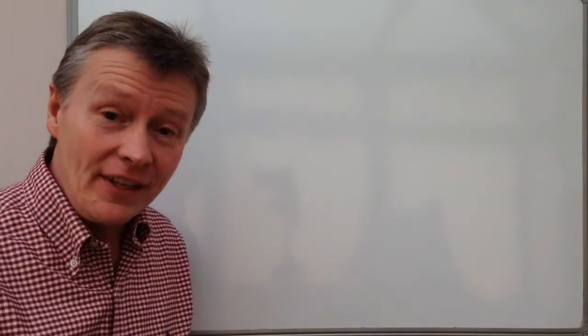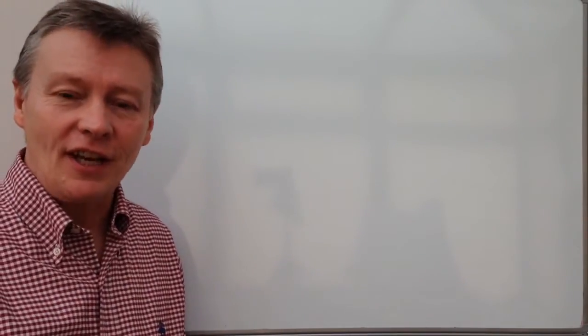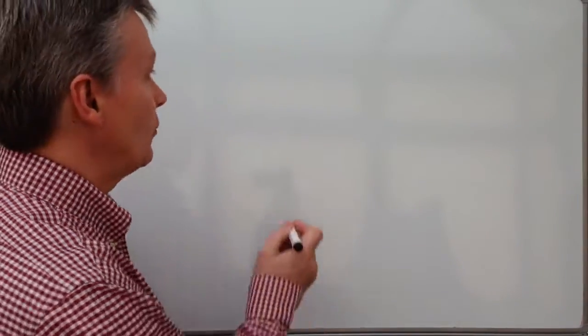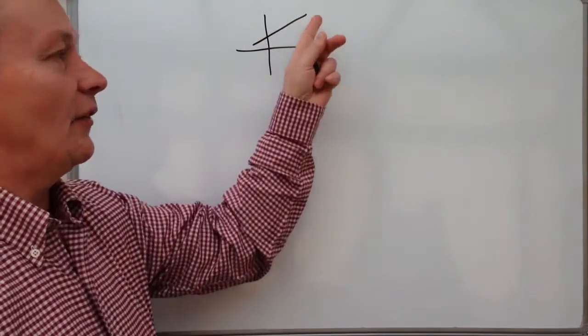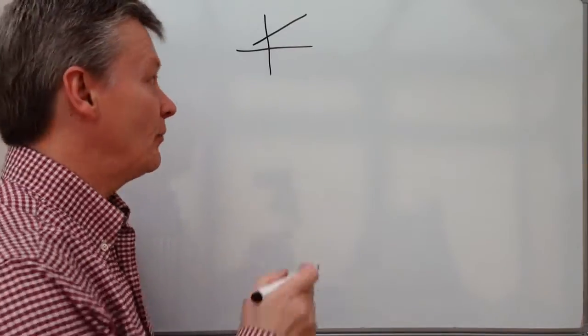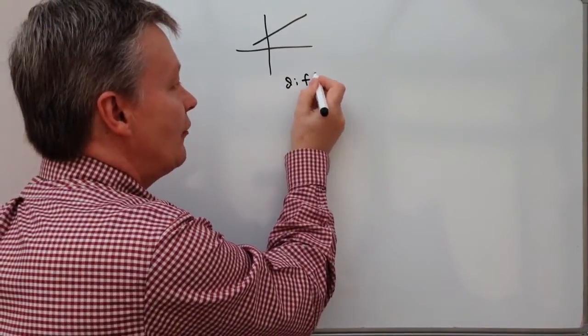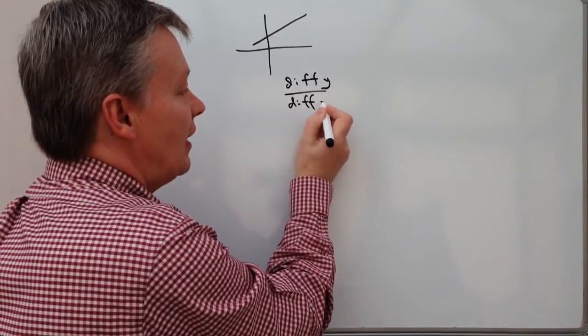Hi, so in the previous video we gave a very brief introduction to how we describe the gradient on a straight line graph, and what I said is that we're looking at really the steepness of the line. The way that we calculate it is to use difference in y divided by difference in x.